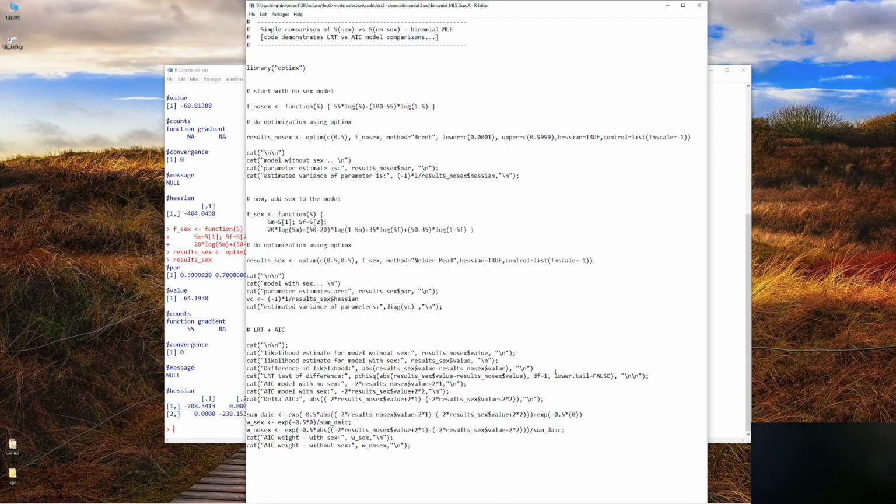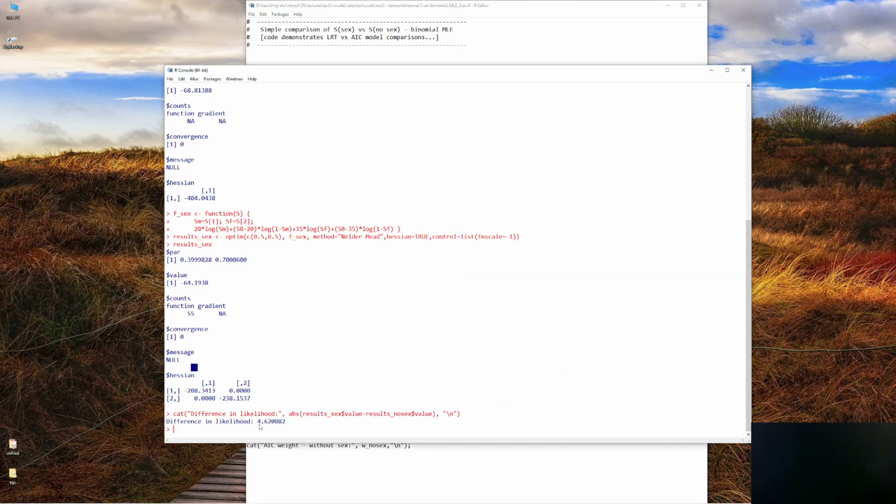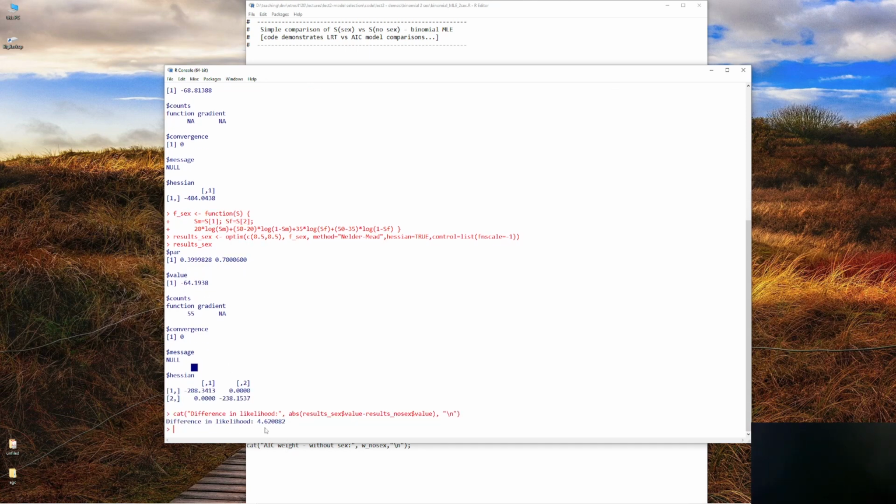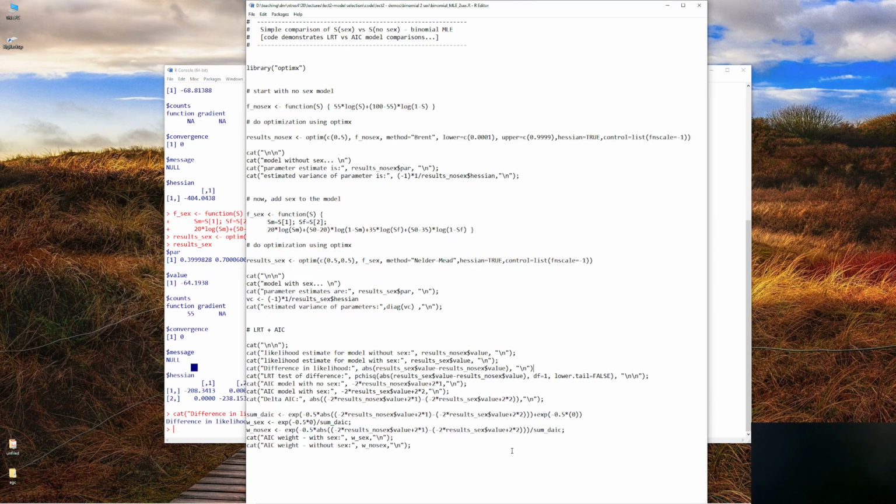So I'm going to go ahead and do that. So the difference in the likelihoods between these two is simply this value. It's 4.62. So the difference between negative 68 and down here negative 64 is 4.62.